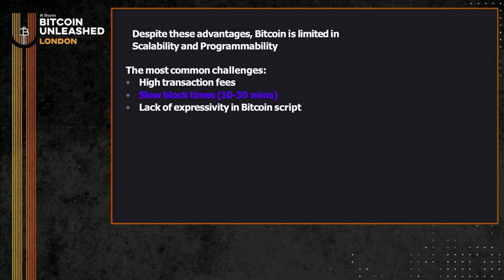Slow block times is a significant barrier for developer adoption, with blocks taking anywhere between 10 to 30 minutes and can often be quite unpredictable. And lastly, there's still a lack of expressivity in Bitcoin script. So despite all of the innovative things happening on the L1 this year, it's still really hard to build more expressive smart contracts, and Bitcoin doesn't really have native smart contract capabilities.